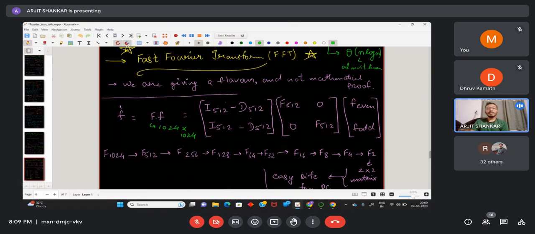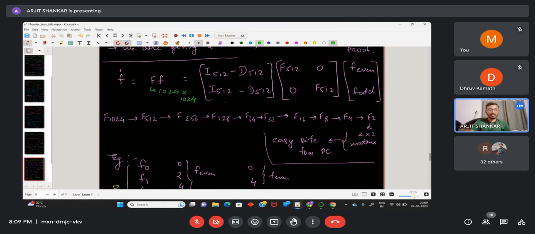So when we have this 512, what are the elements? This I512 simply means the identity matrix. What is this minus D512? This D is simply a diagonal matrix of 1, omega, omega square, and so on till whatever value you get at the end, and everything else is 0.